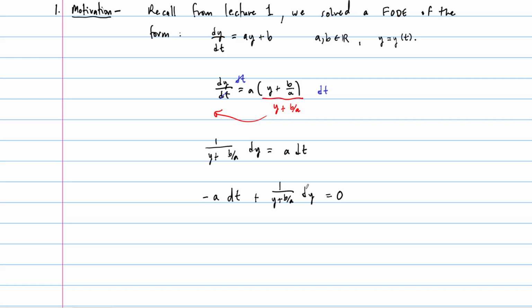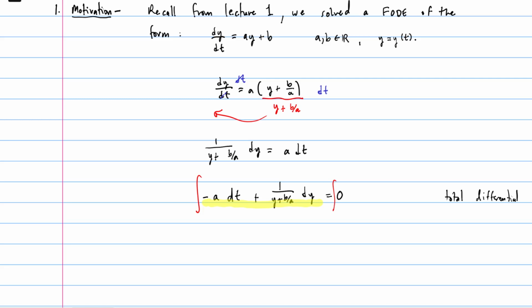All right, and so at this point, what's on the left-hand side, this whole term right here is what's referred to as a total differential. All right, and a total differential is something that can be integrated, like we said. So now we just integrate both sides and see what happens.